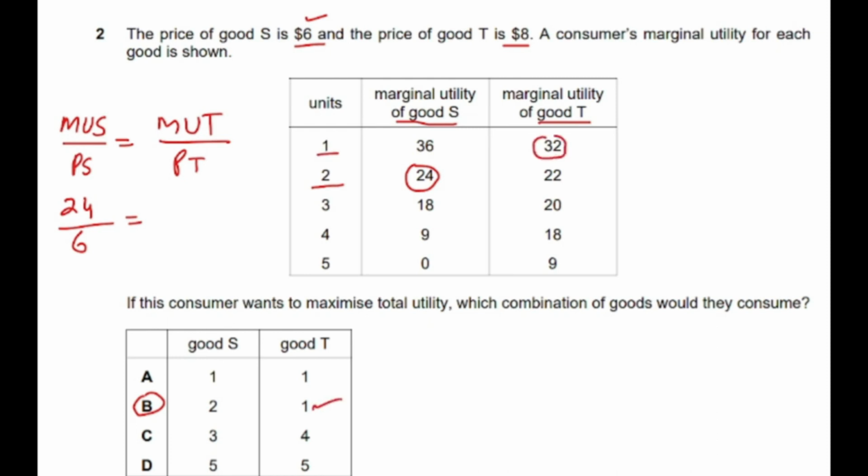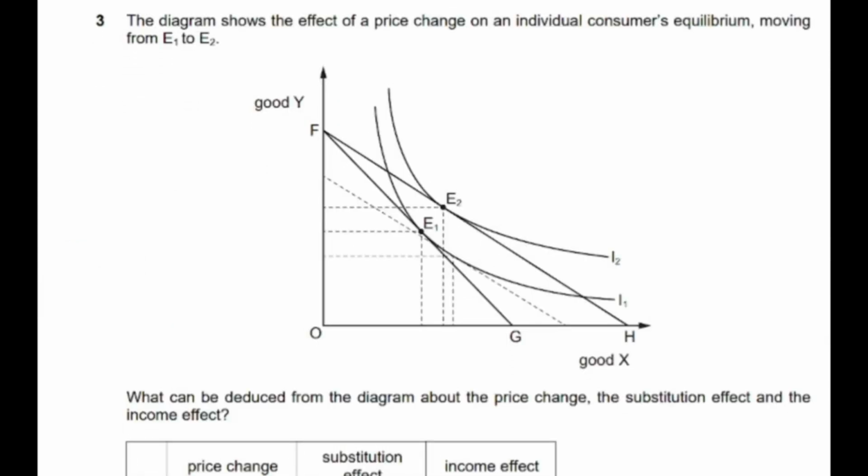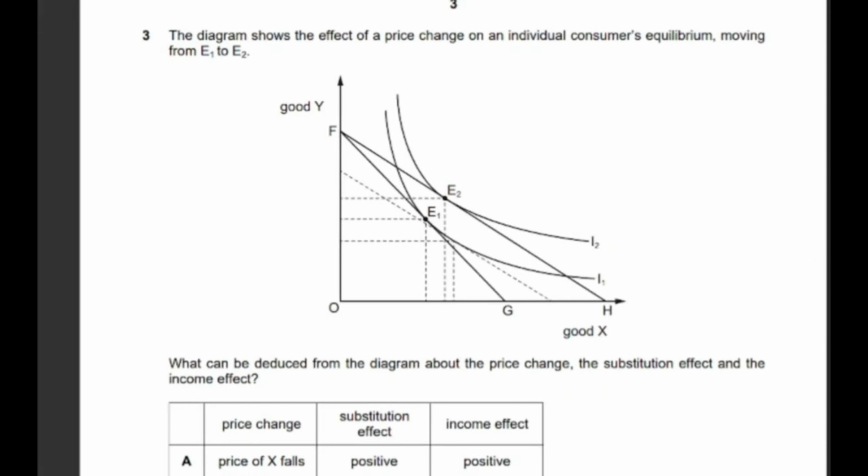On the first unit, the marginal utility of T is 32, so put 32 here, and the price of T is $8. So 24 over 6 is equal to 4 and 32 over 8 is equal to 4. The utility maximization condition is satisfied at option B, so we will pick option B. If you are confused with other options, you can write in the comment box and I'll get back as early as possible.